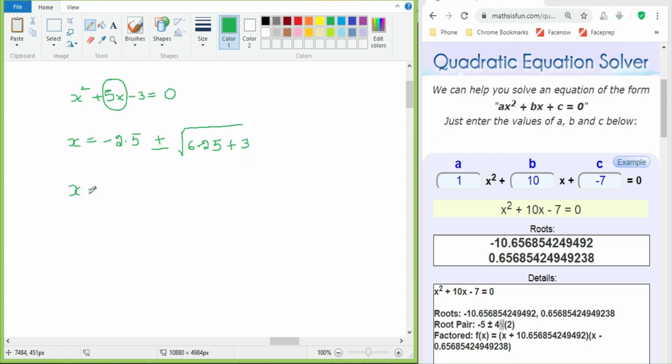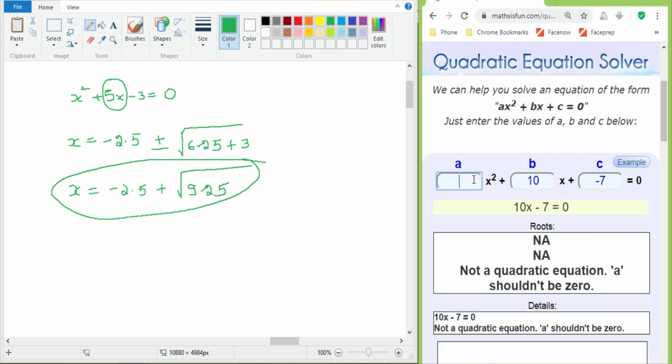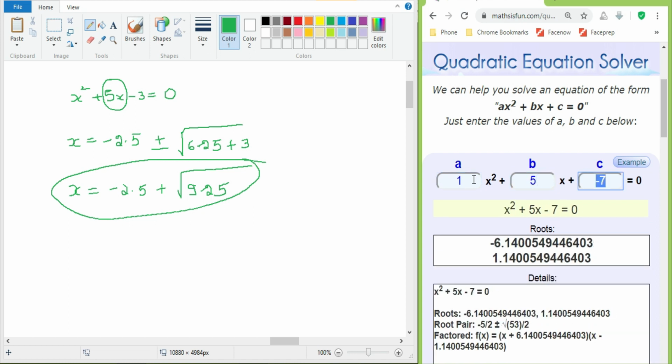So I can write x is equal to minus 2.5 plus or minus root of 9.25. Clear guys? We'll just check it out once again. So it is 1, here it is 5, and here it is minus 3.